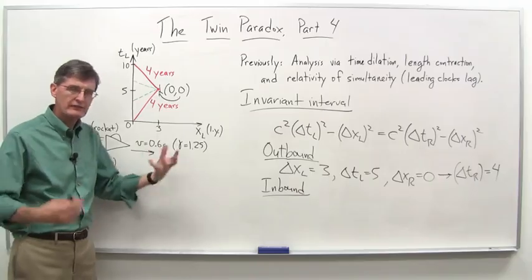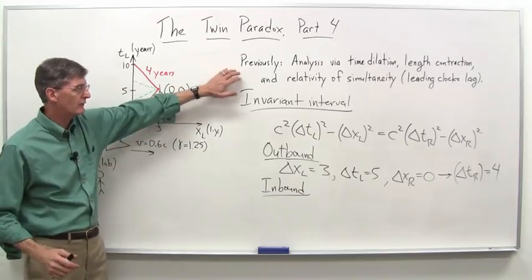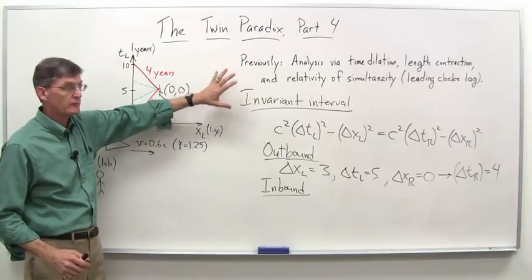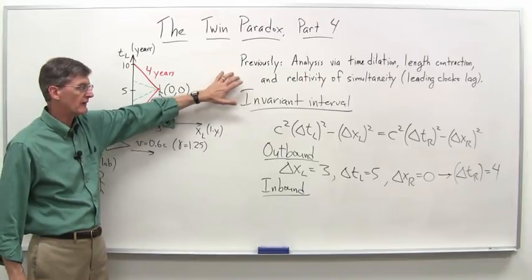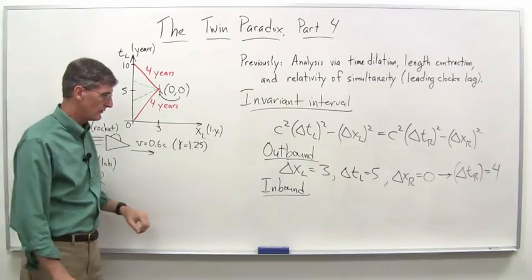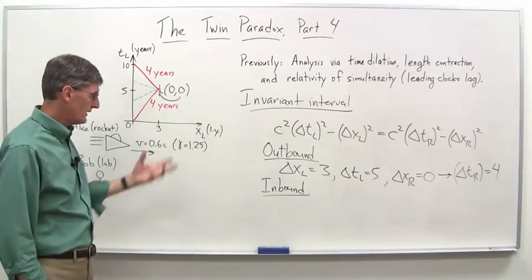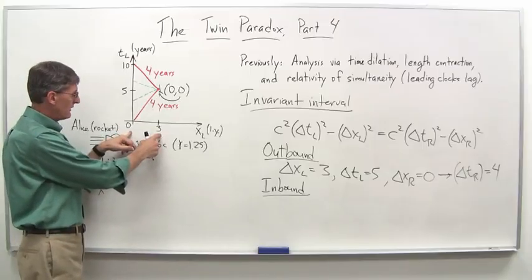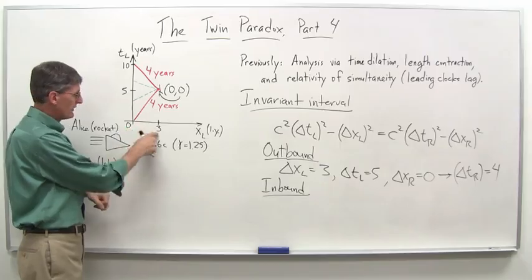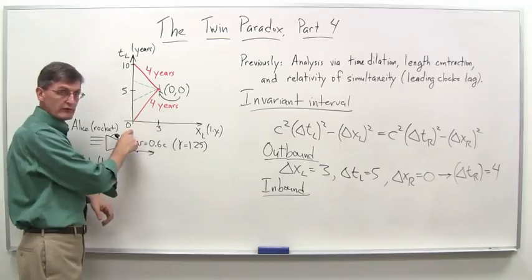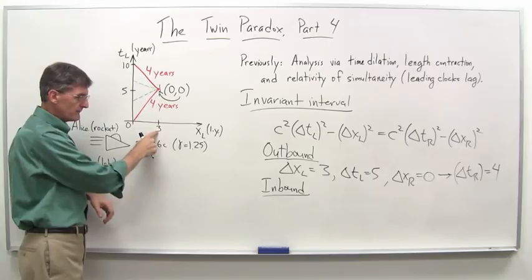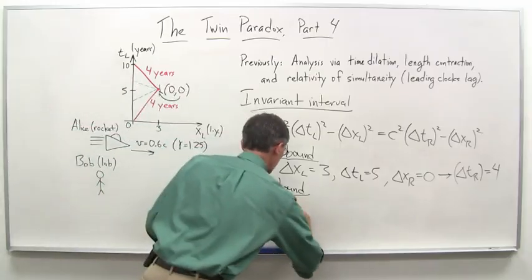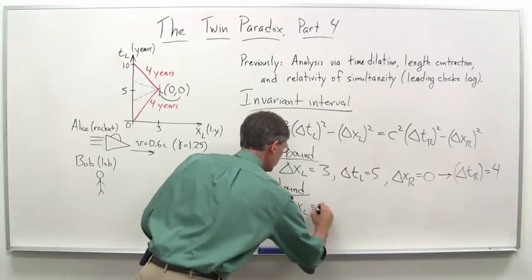But you lose the insight behind it, and that's why we started off first with our space-time diagrams, and then did our analysis with time dilation and so on. Now for the inbound, notice that as far as Bob is concerned, Alice ends up at 0 and starts at 3. So in this case, delta x_L is negative 3.